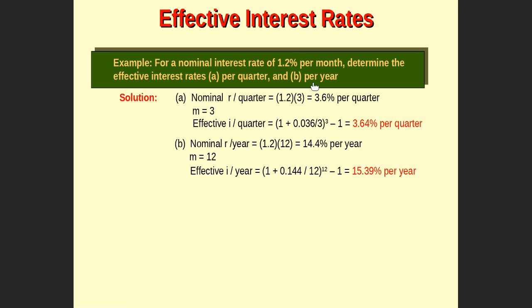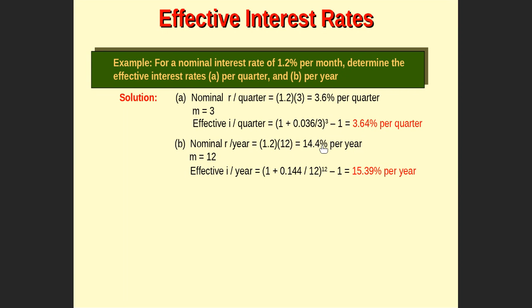The relation between them is 12, because the year contains 12 months. Again, we multiply the interest times the M, which is the number of frequency. That will give us the rate, or let's say the nominal per year.